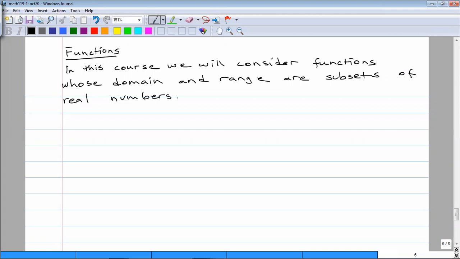So our functions are defined on some subset of real numbers, and the range takes values again in real numbers. We call such a function a real valued function of real numbers.